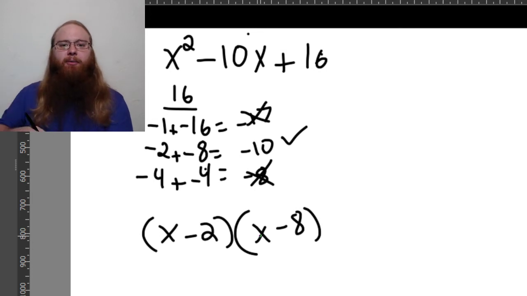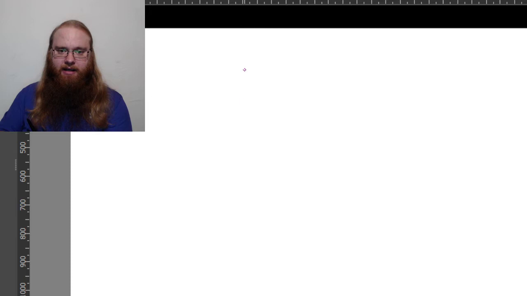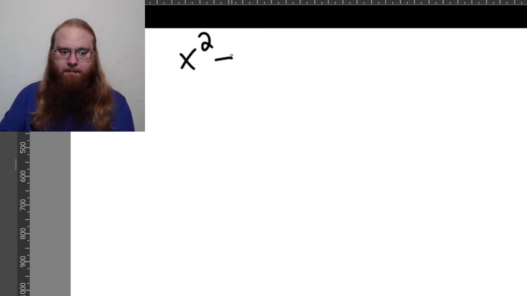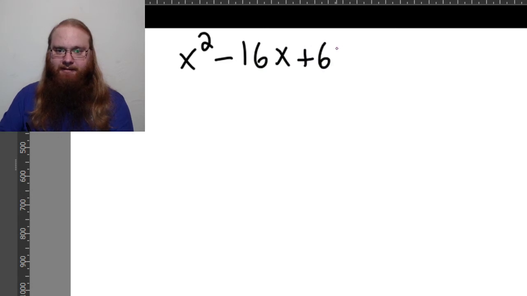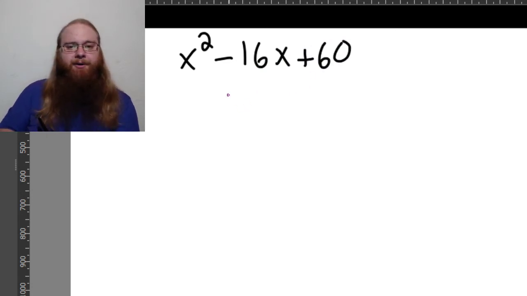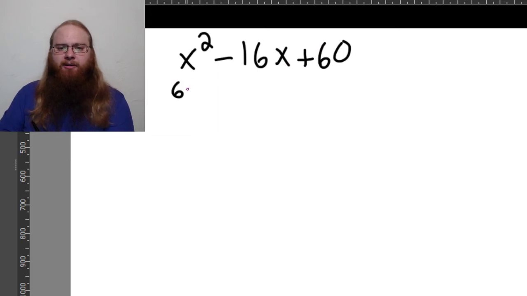So let's go ahead and work through another one of these together. Let's go ahead and do the problem x squared minus 16x plus 60. So we need to list all the numbers that multiply together to get 60.